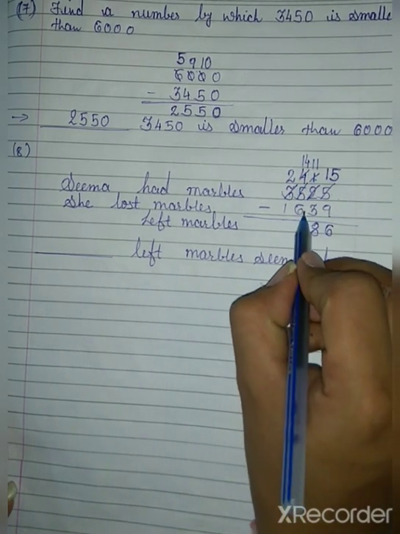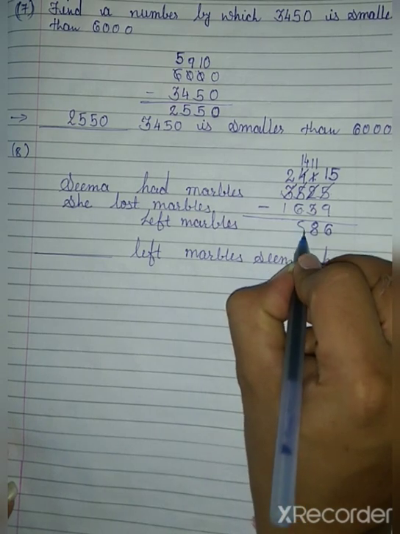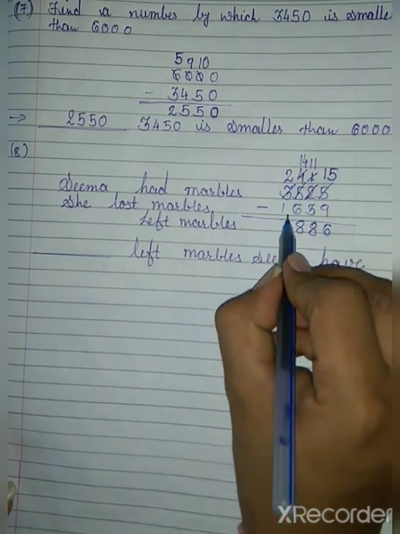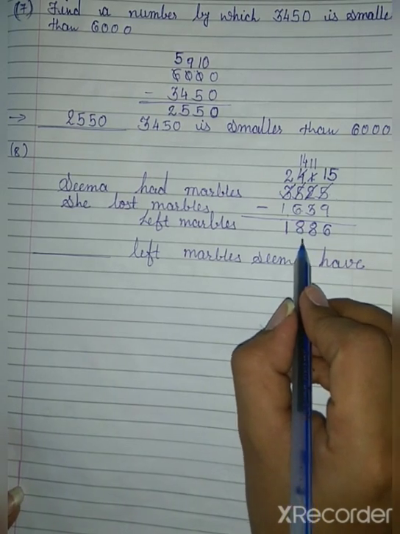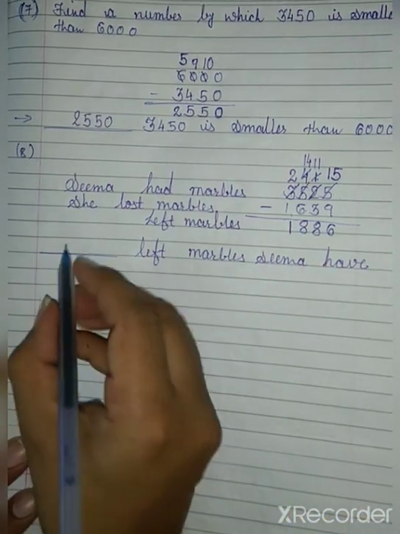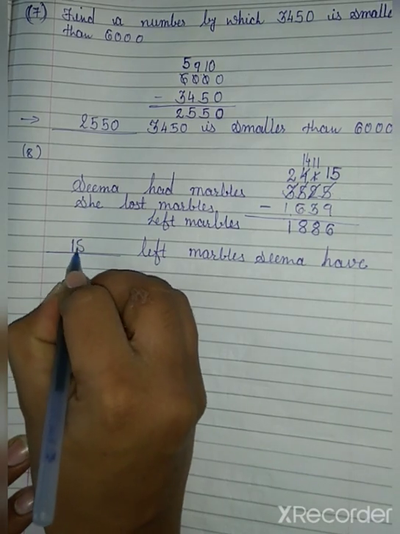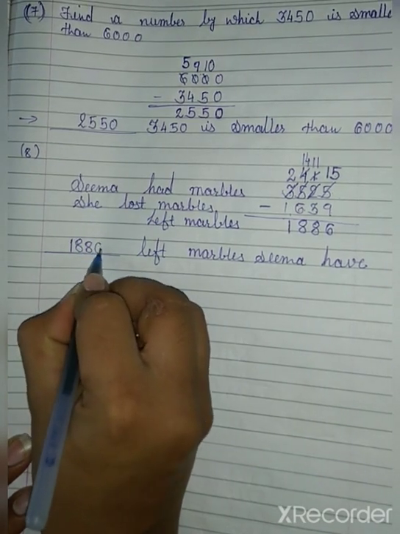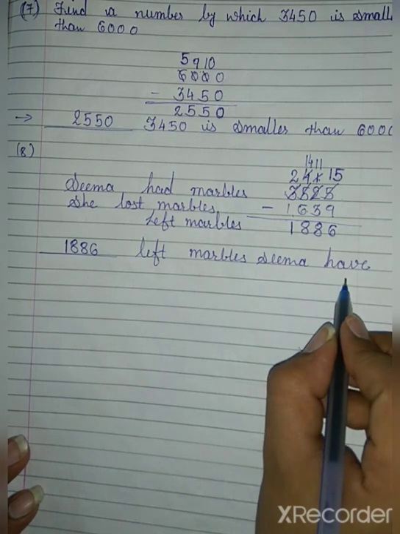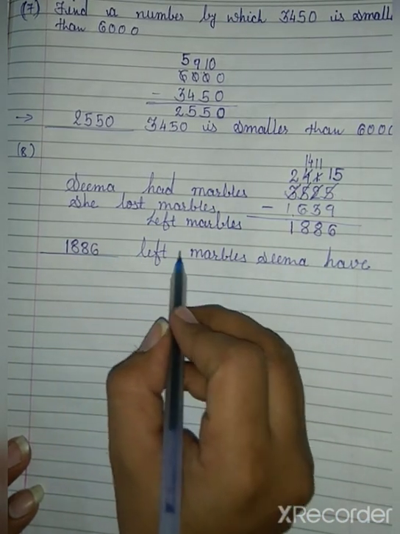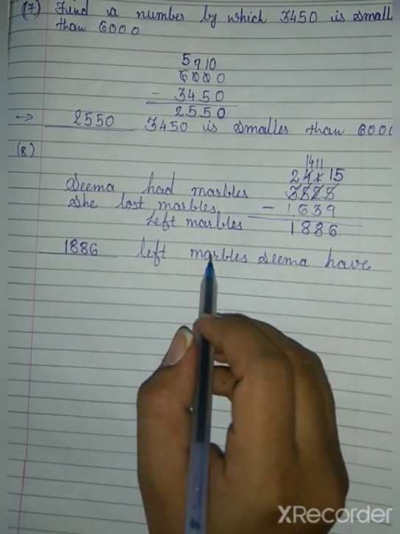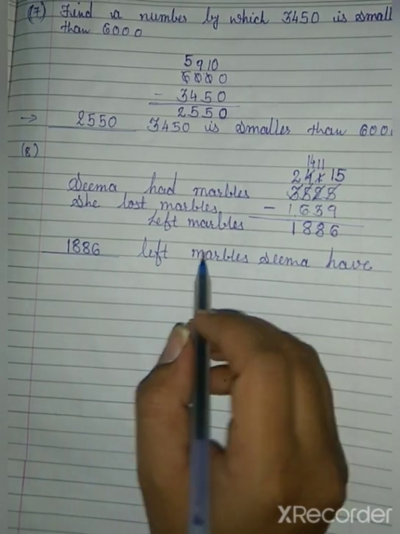So 14 minus 6 is equal to how many? 8. And 2 minus 1 is equal to 1. So what is our answer? Answer is 1886. 1886 left marbles Seema has now.